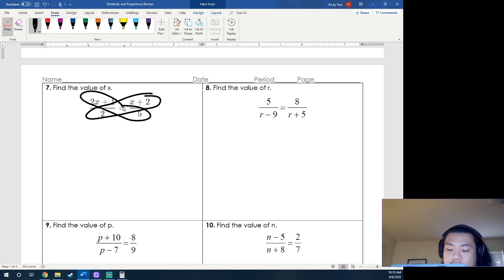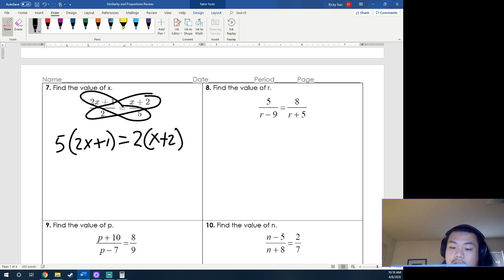So we have 5 times 2x plus 1 is equal to 2 times x plus 2. Again, here we have to distribute, okay? So we're going to have 5 times 2x, or 10x, plus 5 times 1, or 5, which is equal to 2 times x, which is 2x, and 2 times 2, which is 4.